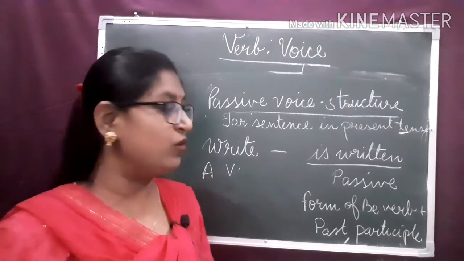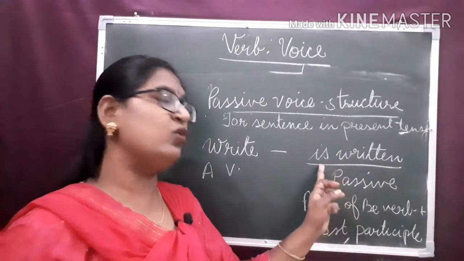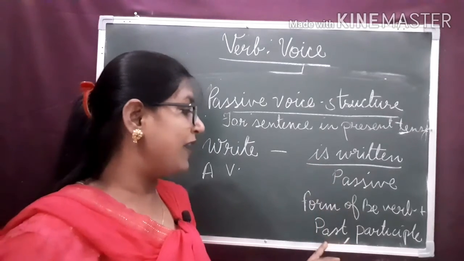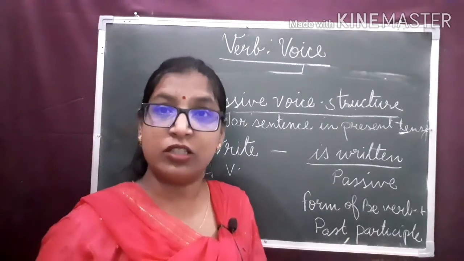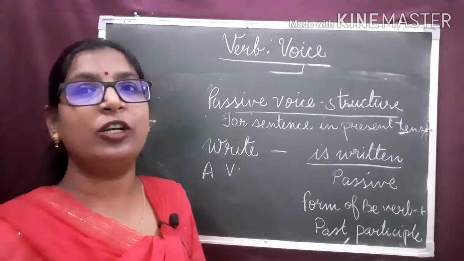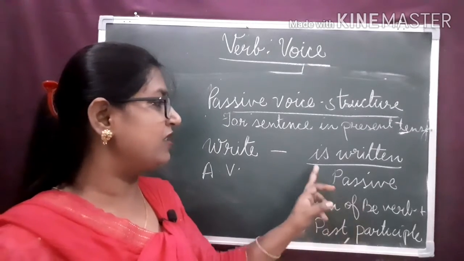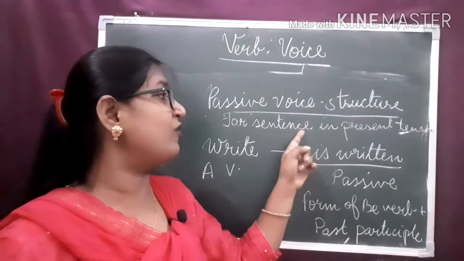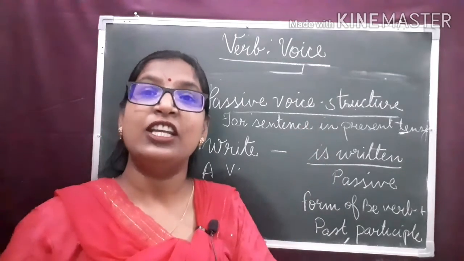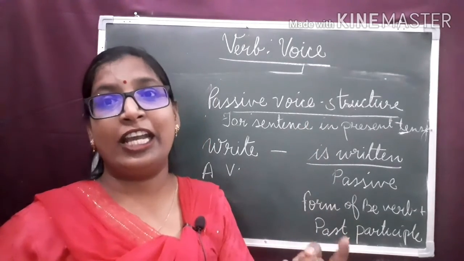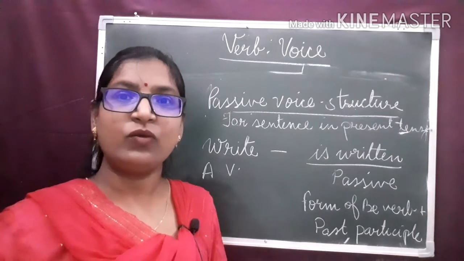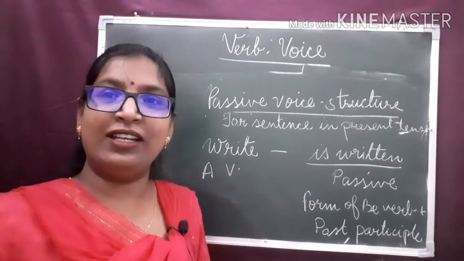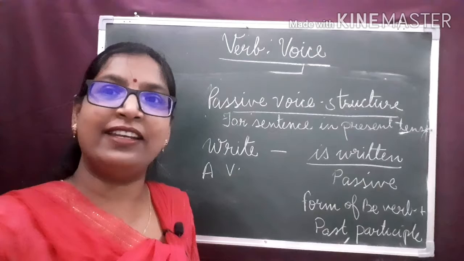In present tense, according to the subject, we use is, am or are plus the past participle form, or the third form of the verb. It is not compulsory to use is, am, are all the time. According to the tense of the sentence, we change the helping verbs. We'll see the table and then learn it.